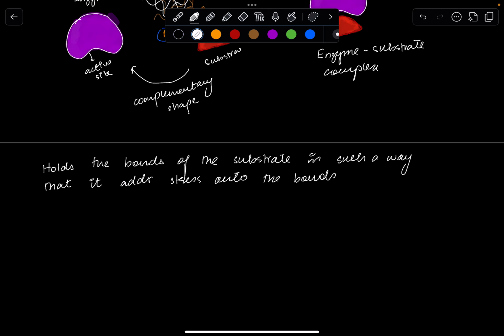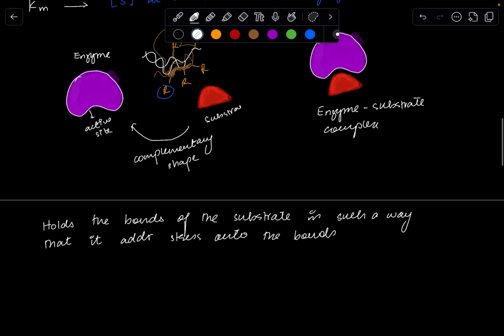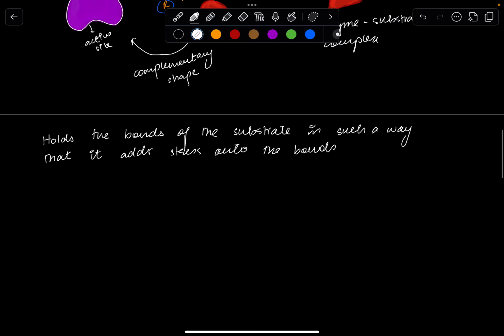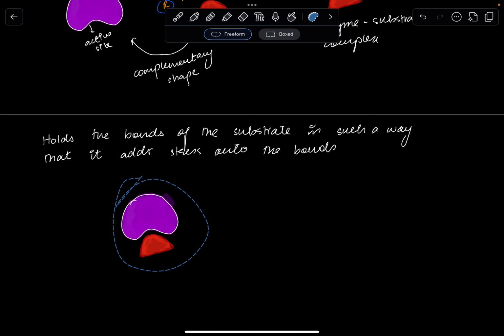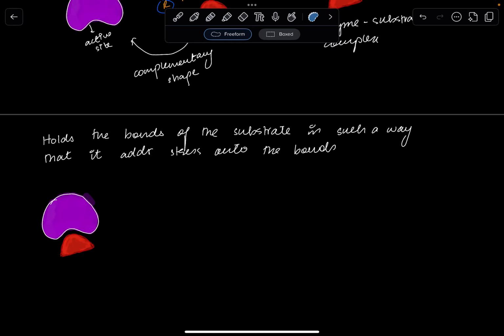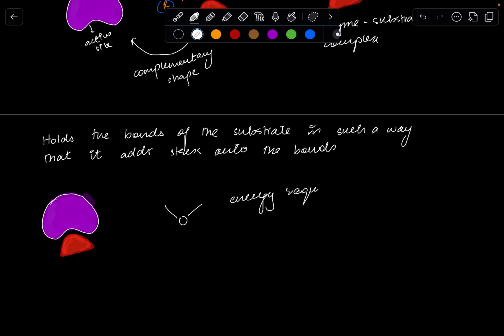So if I have, let's say, a sucrose molecule, then when this enzyme holds the sucrose like this, it will add stress to the glycosidic bond, which is holding the glucose and the fructose together. It will add stress to that glycosidic bond such that you won't need as much energy, less energy required, to break this bond.